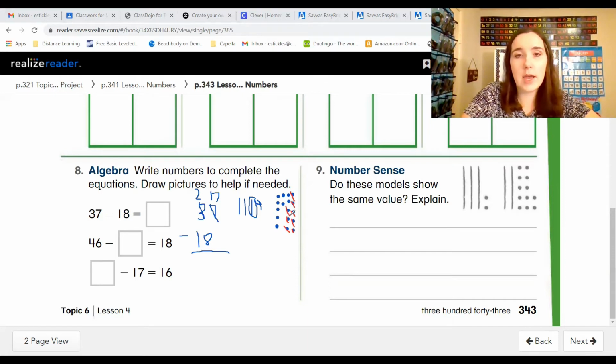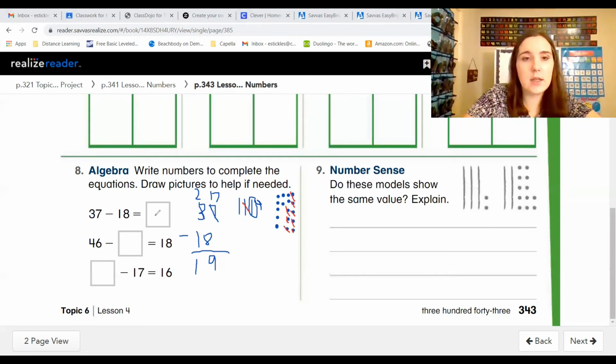Now I need to count up how many I have left. 1, 2, 3, 4, 5, 6, 7, 8, 9. I have 9 ones left. So 17 minus 8 equals 9. And then in my tens, I have 2 tens and I want to take away 1 more. So now I just have 1 ten left. So the difference, the answer to 37 minus 18 is 19.